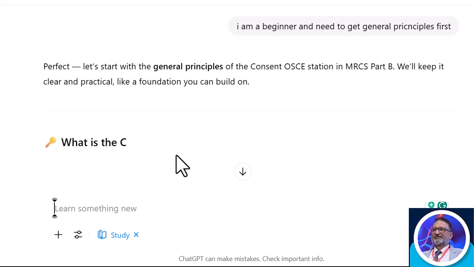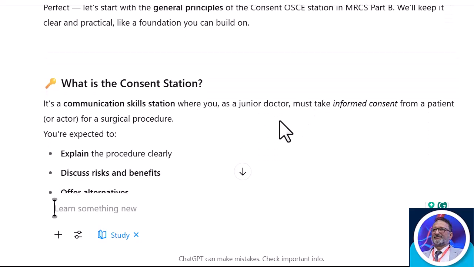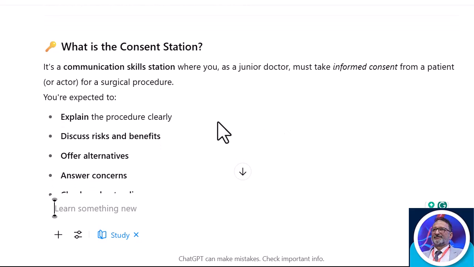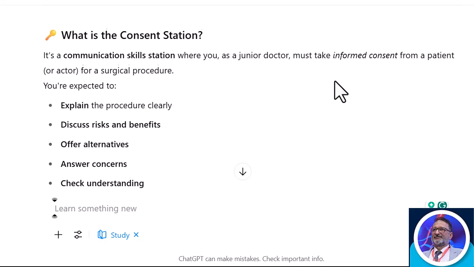So it will put here some general principles because it is very important. What is a consent station? Definition: it's a communication skills station where a junior doctor takes informed consent from the patient.